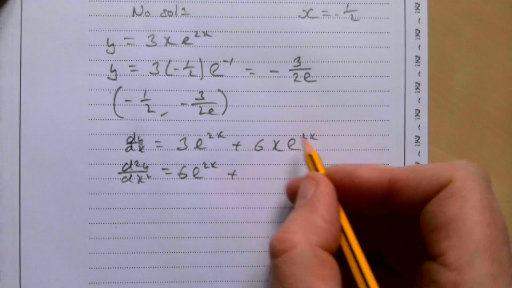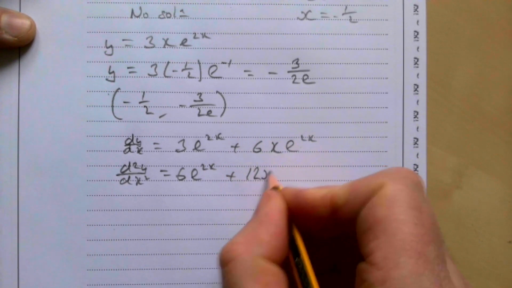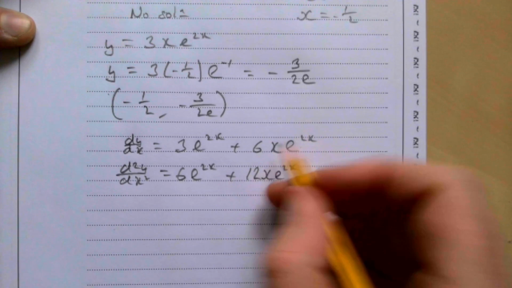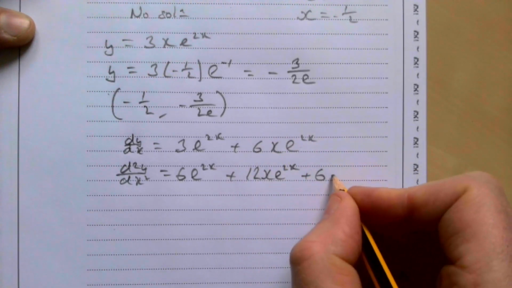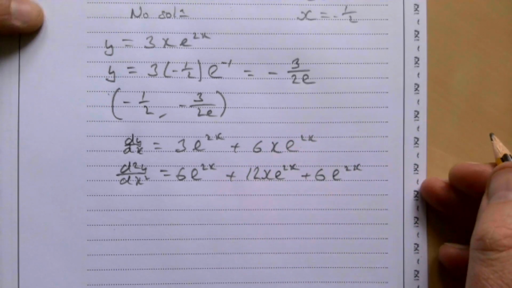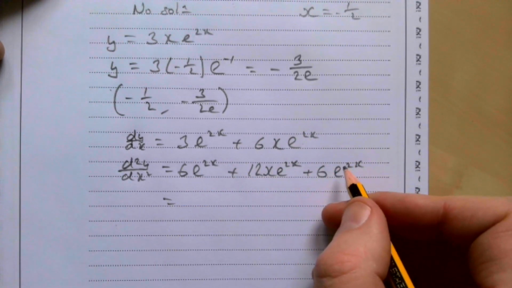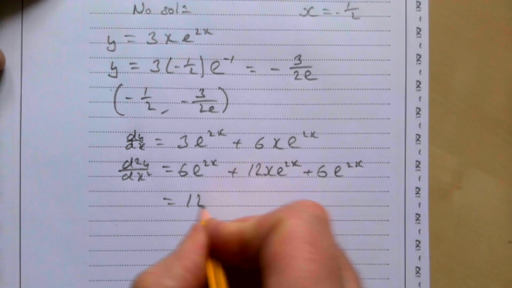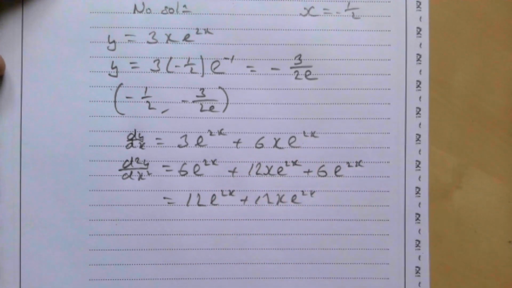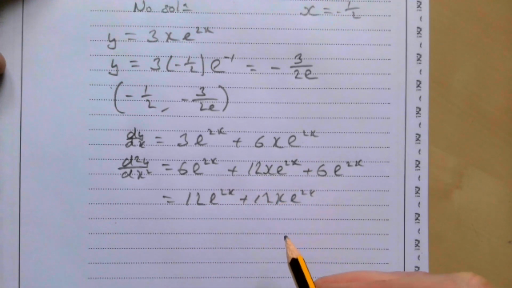So it's this times this differentiated, so this differentiated brings a 2 to the front, so it's going to be 12x e to the 2x, and then e to the 2x times this differentiated, so it's just going to be plus 6e to the 2x. So yeah, that's us. That tidies up with 6e to the 2x here, with 6e to the 2x here, and so that gives us 12e to the 2x plus 12xe to the 2x, which again, if you wanted, we could kind of factorize out. There's not really too much going on there, and that's fine.